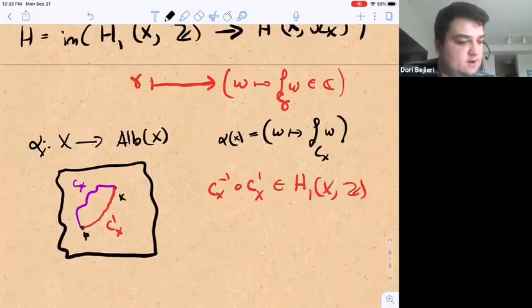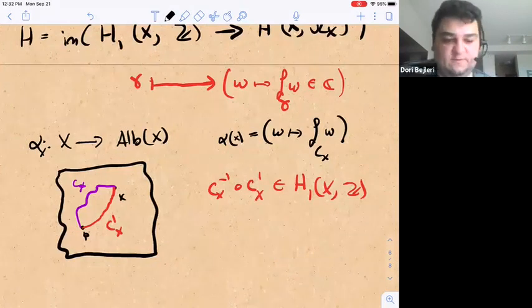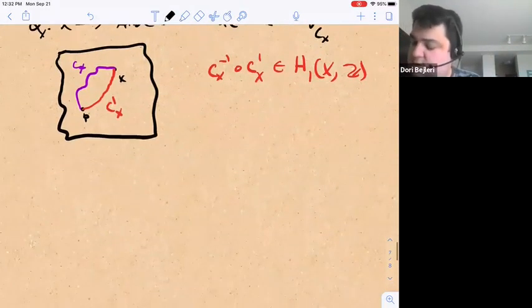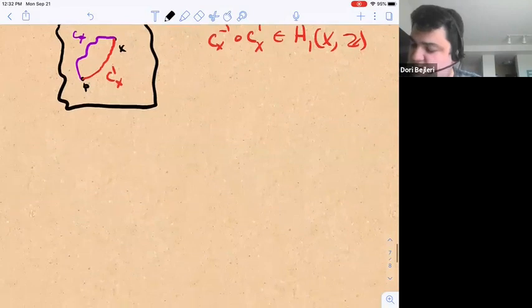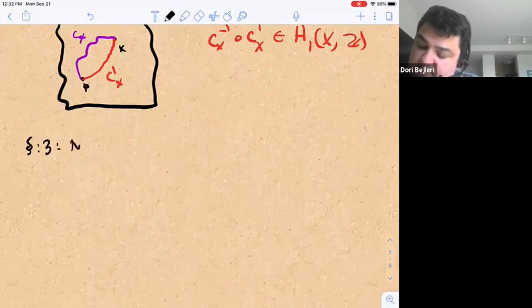Okay, so that was the background that we'll use during the proof of these two theorems. So let me start with the proof of non-vanishing.